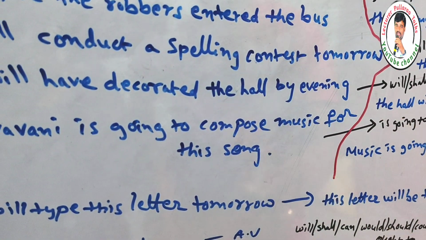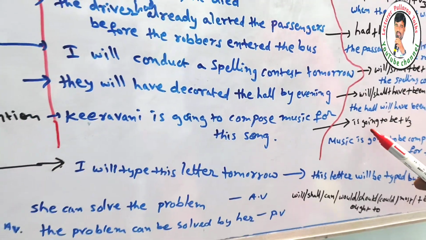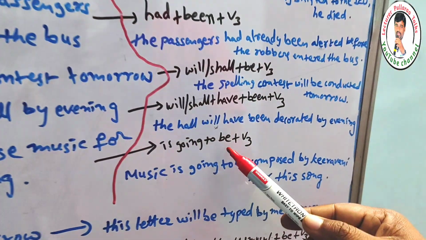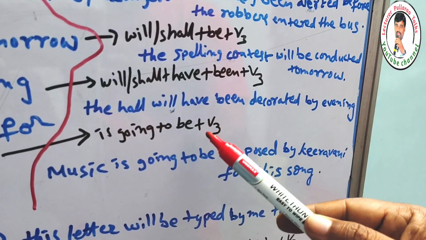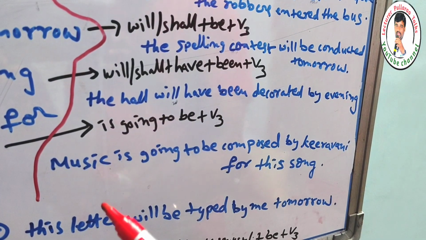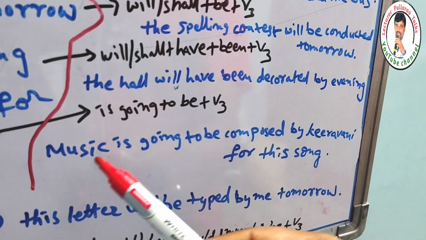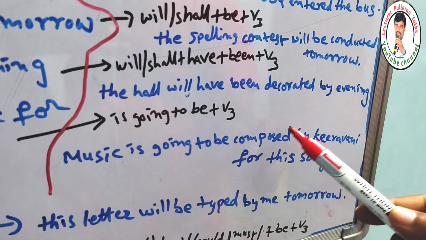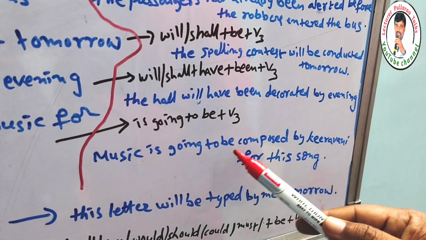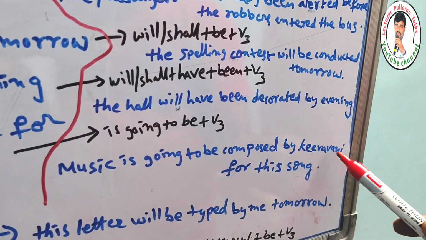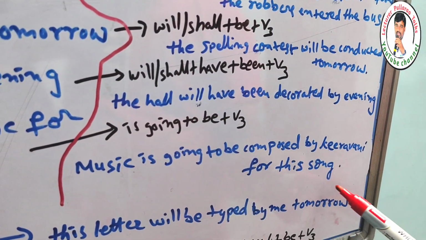The structure is is going to be plus V3. Begin with the object, of course. Music is going to be composed by Keeravani for this song.